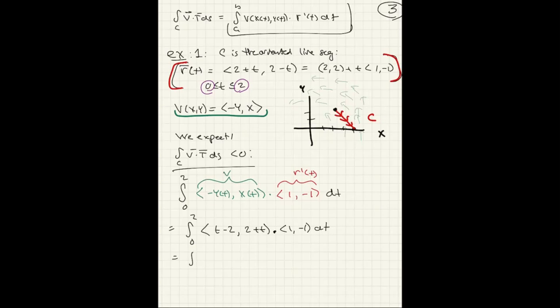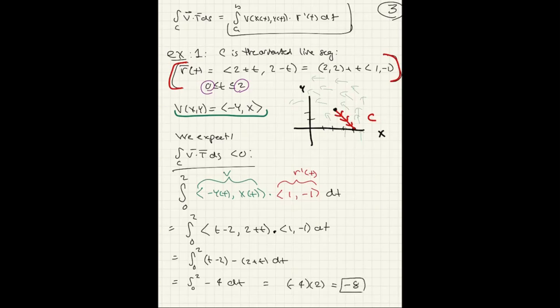So in fact, we're going 0 to 2. I have to do that dot product, and I get t minus 2 minus 2 plus t, and that's weird. That's not what I got the first time, but that's fine. That's dt, 0 to 2, negative 4 dt, and that is just negative 4 times 2, and that's negative 8.